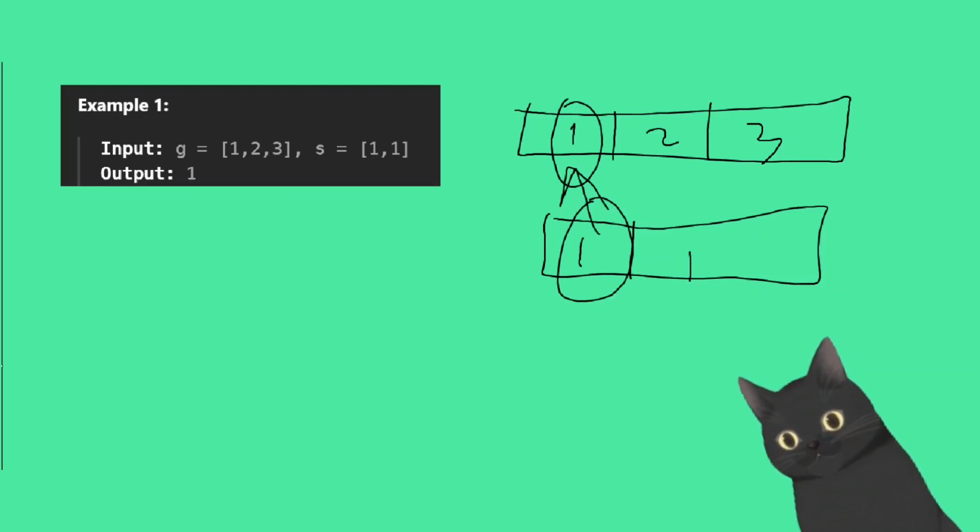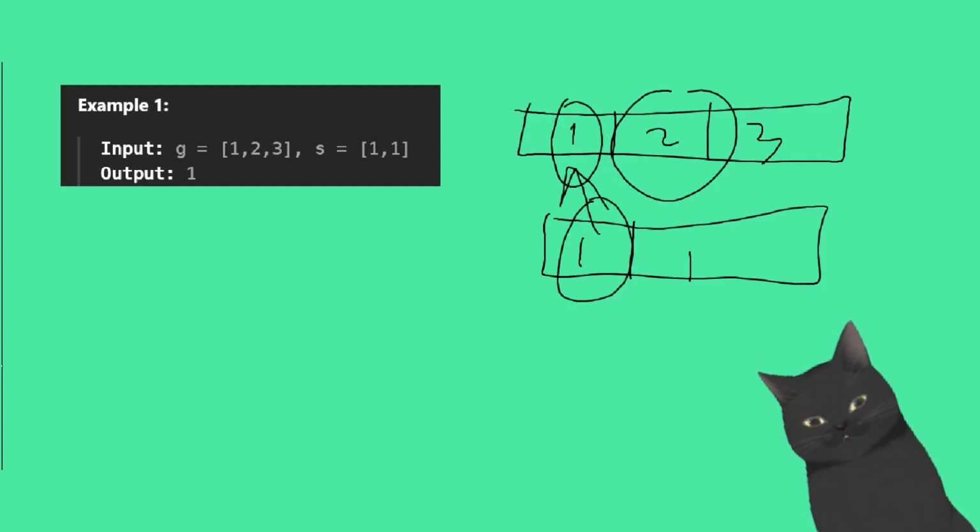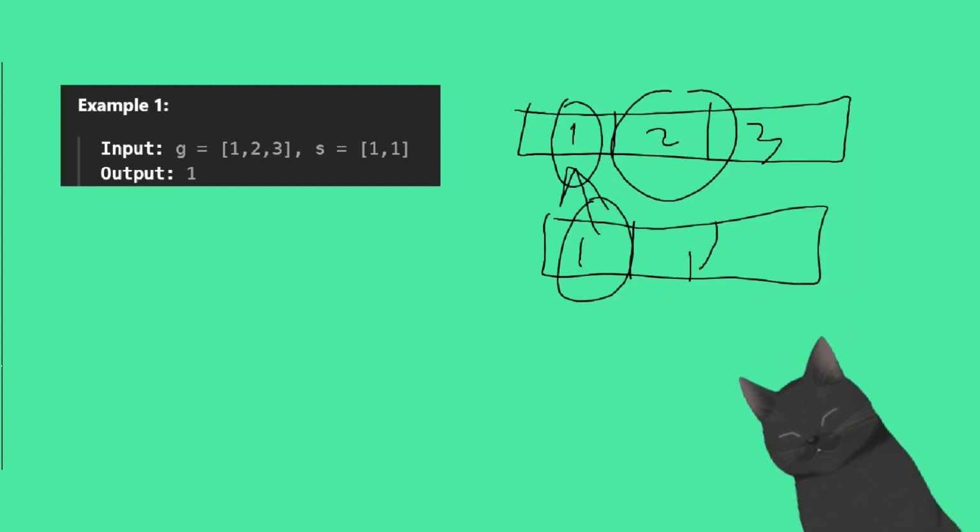Since the second child needs a cookie of minimum size 2, we can't give this particular cookie to him because he or she would not be satisfied. I'm being really neutral here.